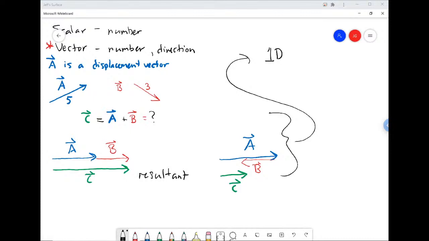Okay, so for adding vectors in one dimension, the most natural way to represent direction, there's only two directions, right? If you're in one dimension, there's only two directions, left, right, if your axis is left and right, or up, down, if your axis is up and down. And so in the comments, mathematically, what's the most convenient way to represent direction?